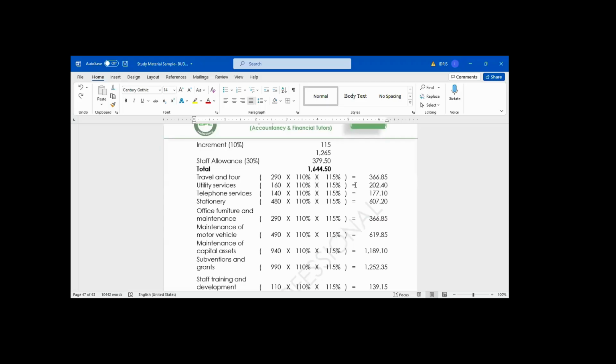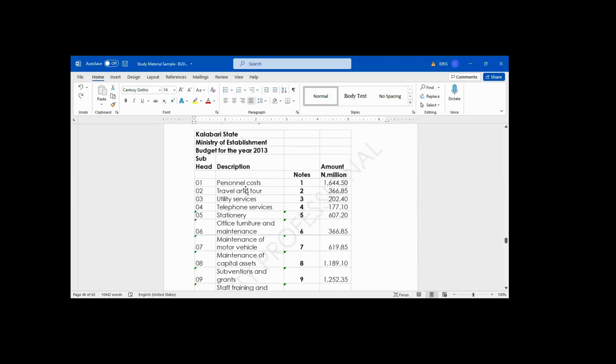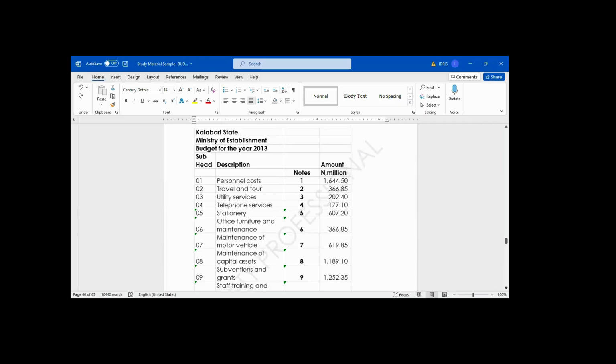Another one, same thing. Telephone service: 140 times 110 times 115. The other one, stationery. That means starting from travel and tour up to the last amount, they are all overhead.